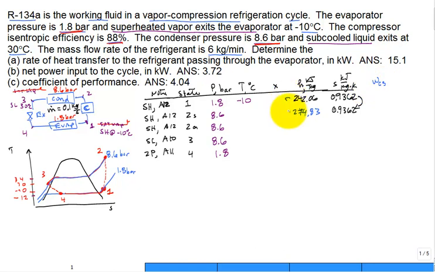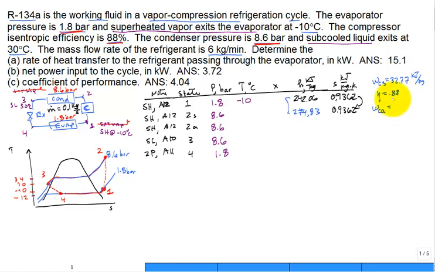It's the difference between these two H's, and that minimum work, or the isentropic work, would be 32.77 kilojoules per kilogram.